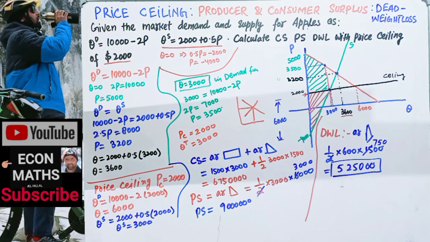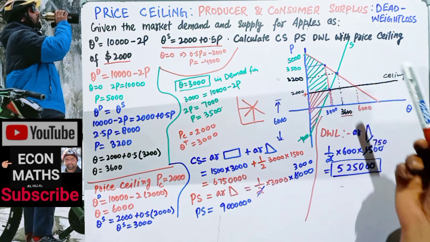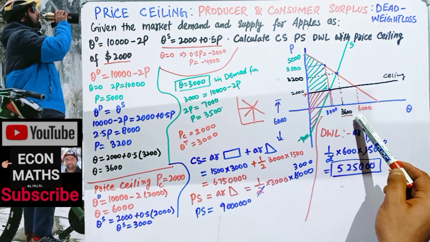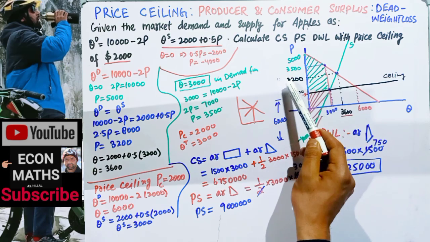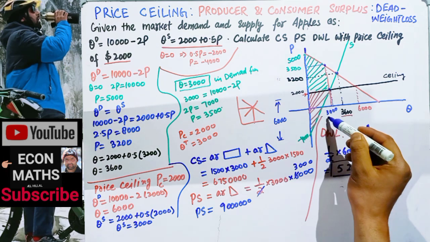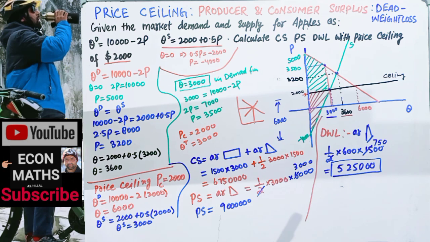When the market was efficient, we were having 3600 units of apples being transacted at a price of 3200. This was the efficient outcome. But when the price ceiling was imposed, the quantity transacted was only 3000, and we would have the price ceiling here.